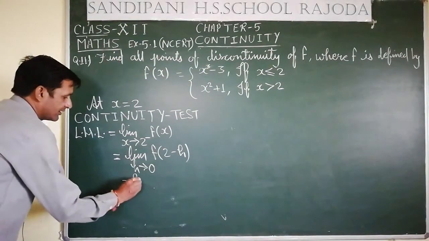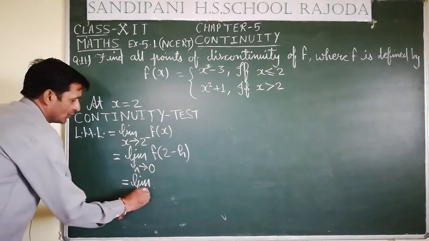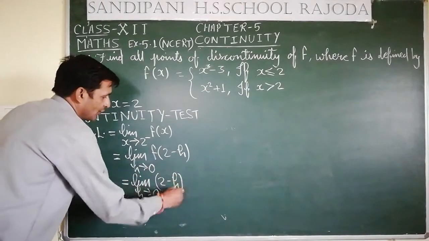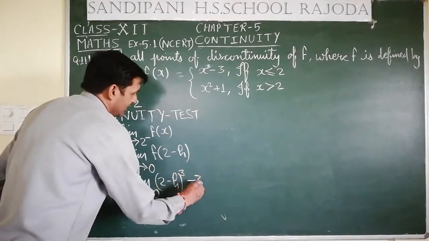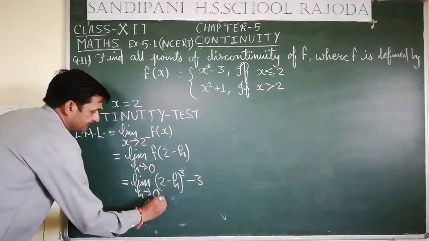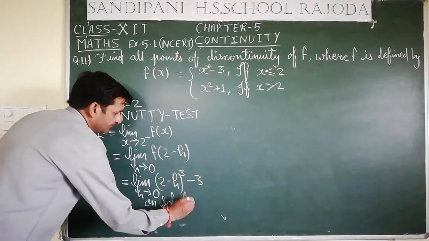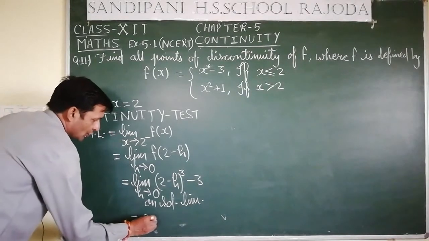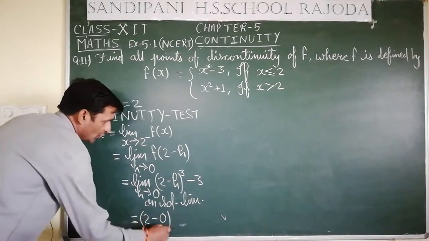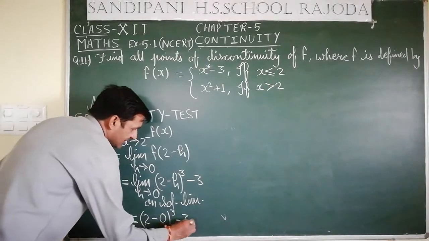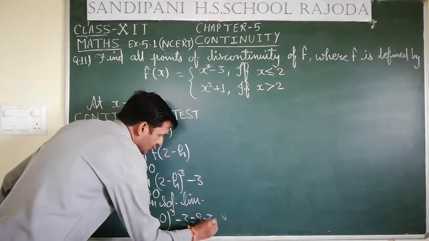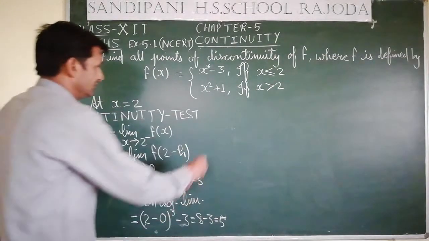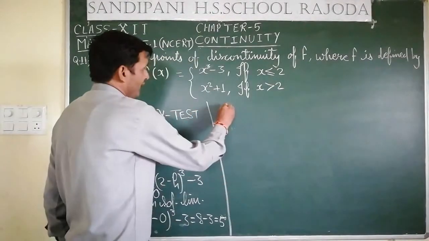So limit h tends to 0 of 2 minus h whole cube minus 3, on solving, it will become 2 minus 0 whole cube minus 3, that is equal to 8 minus 3, so it will be 5. This is LHL.